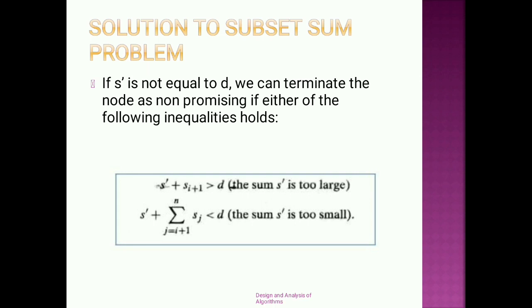You have started from the first element and reached till the last element, but when you add all these elements together, you didn't get the sum equal to D, which is always less than D. That means you don't have any solution here. So at that point also you have to stop. You consider that node as the non-promising dead end and you stop.